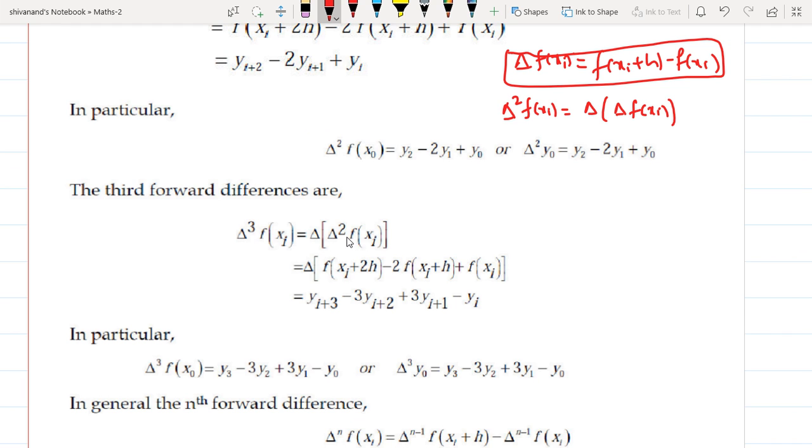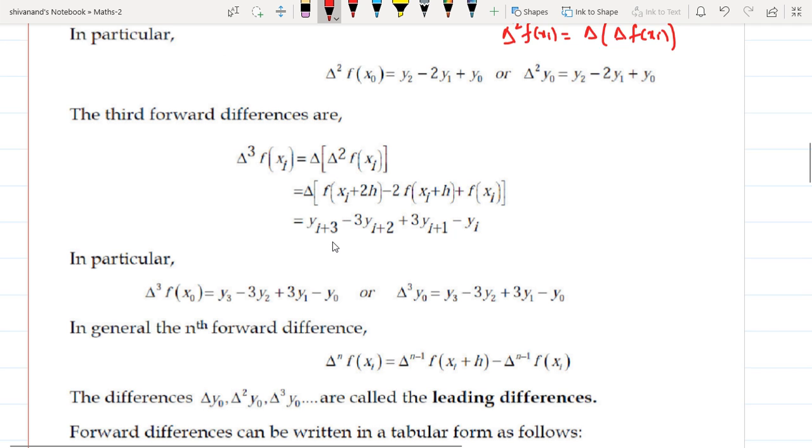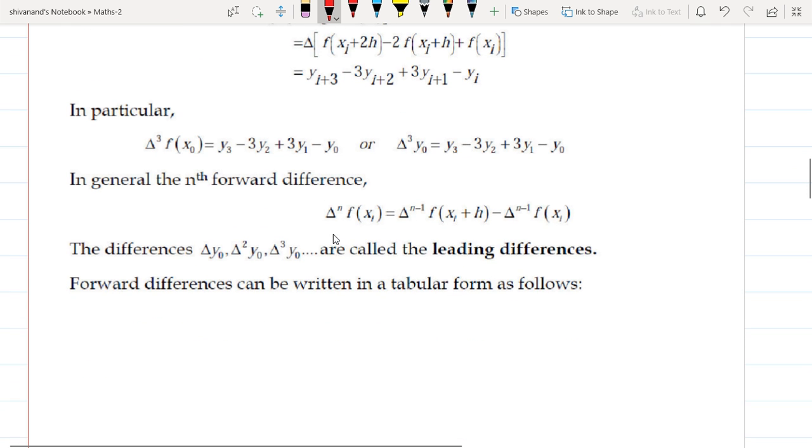If you want to find the third order and higher orders, that is again delta of delta square, repeatedly applying delta over delta, then we are going to get the higher order differences. And the nth forward difference, this is very important.